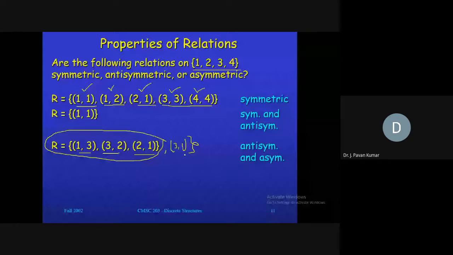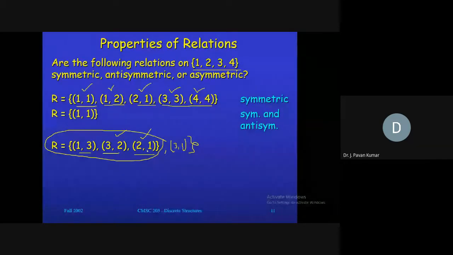No. Why? Because for these two pairs, we do not have the symmetric pairs in the relation. So it is not symmetric. Can we say it is asymmetric? No, not asymmetric either. It is not symmetric and it is not asymmetric as well. That clarity you should have.